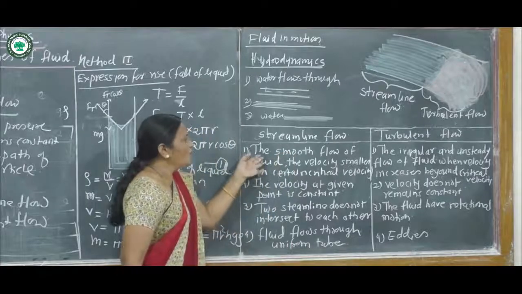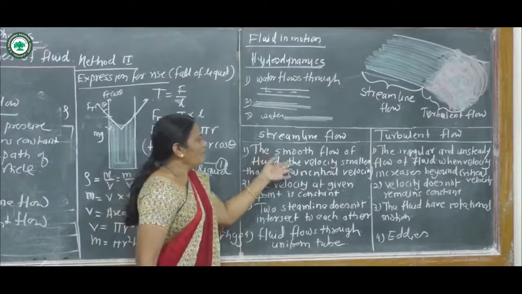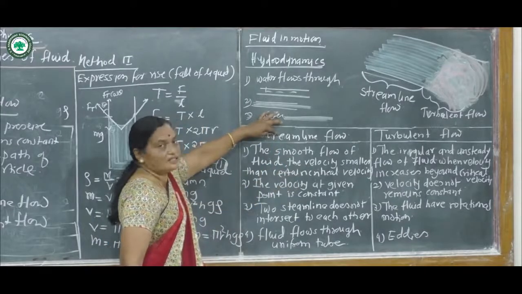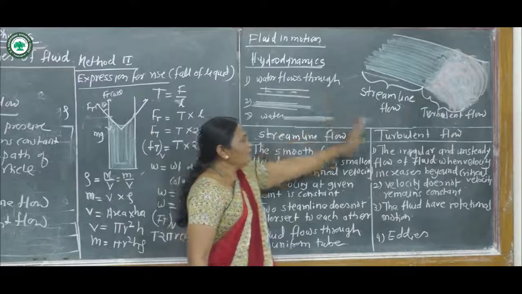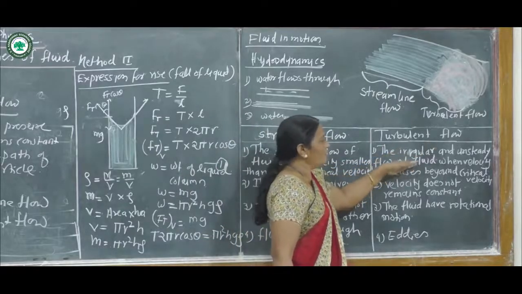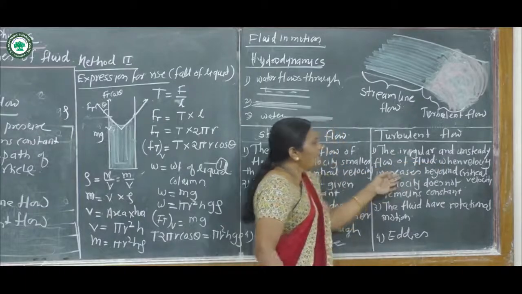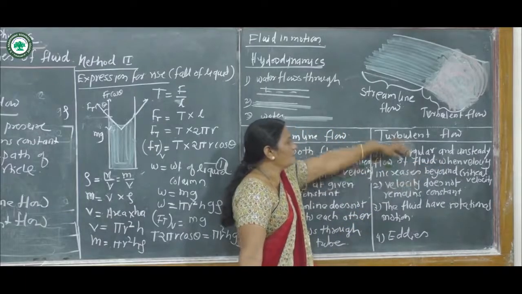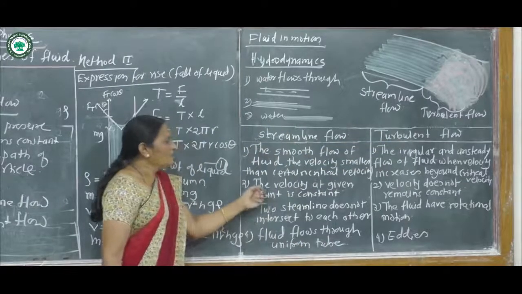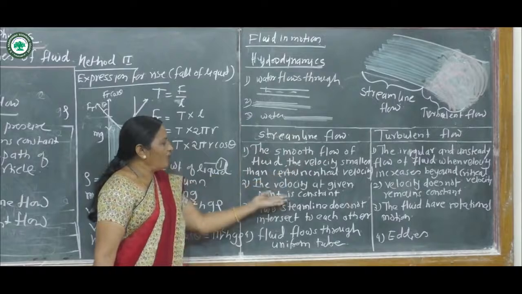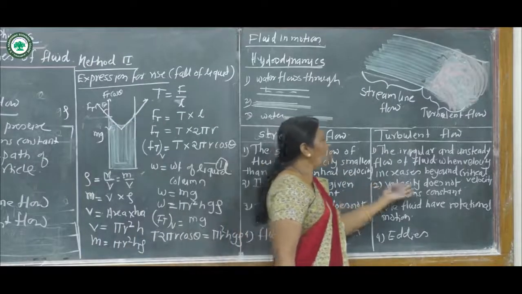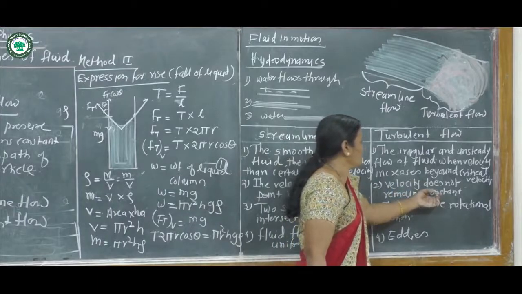In streamline flow, the smooth flow of fluid, the velocity is less than a certain critical velocity. In turbulent flow, the irregular and unsteady flow of fluid, when the velocity is greater than a certain critical velocity, the flow is turbulent. In streamline flow, the velocity at a given point is constant. In turbulent flow, velocity does not remain constant.